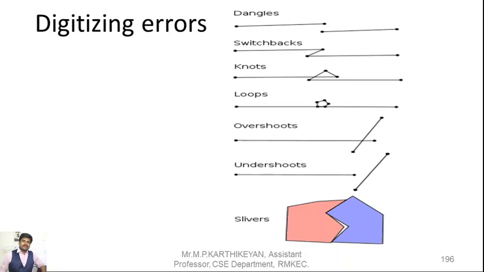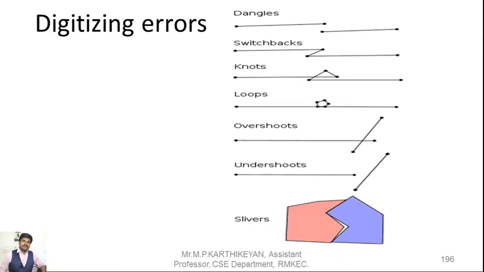And the last two are overshoots and undershoots. Overshoot is when there are two line segments, part A and part B, and they have been combined more than needed and do not meet at the exact point B location.